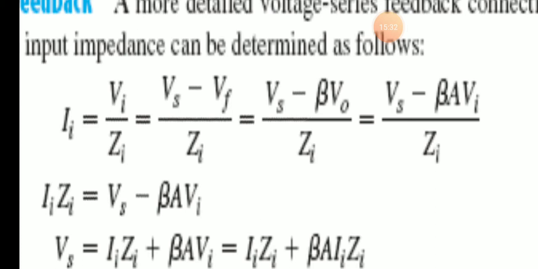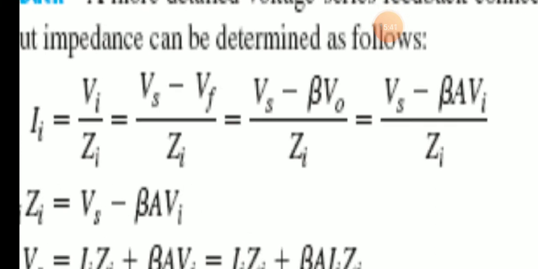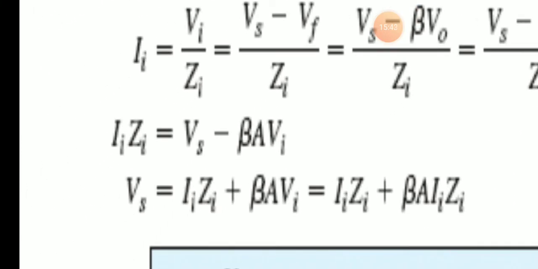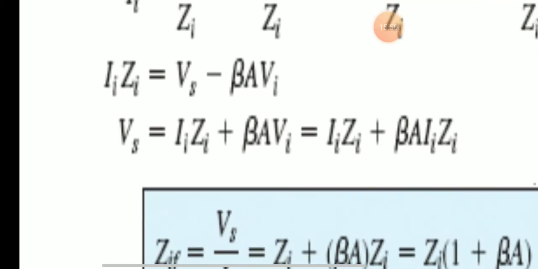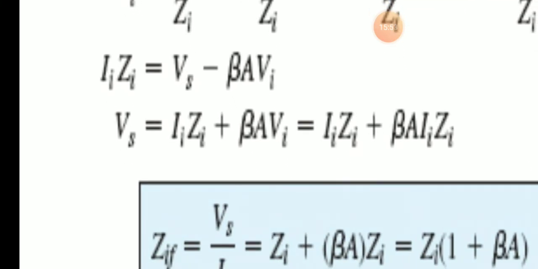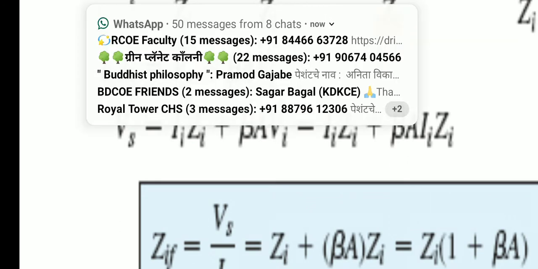Then for Vf we put beta V0 by Zi. Then Vs minus beta V0, where V0 is the gain times the input voltage. Simplifying, input current times input impedance equals Vs minus beta A Vi. So Vs in terms of Ii is input current times input impedance plus beta A Vi.